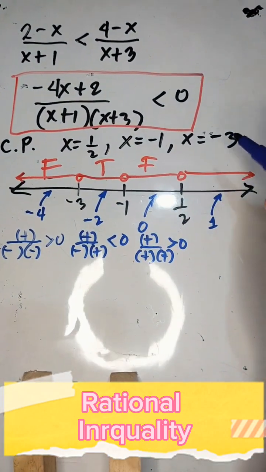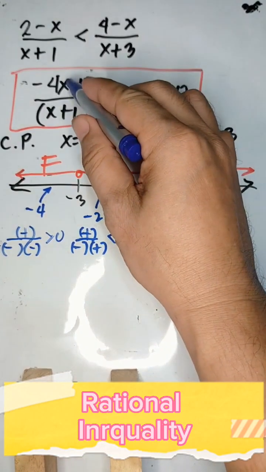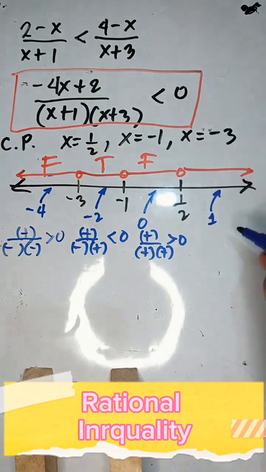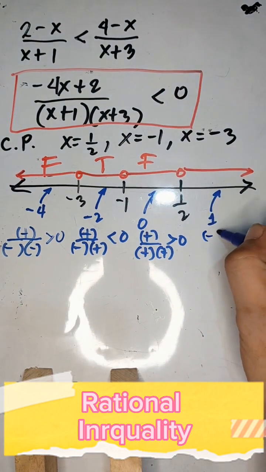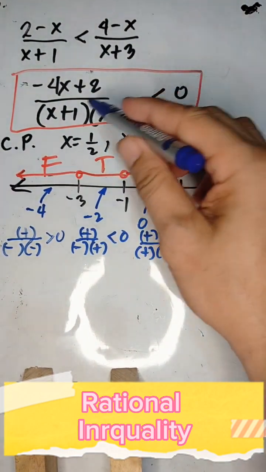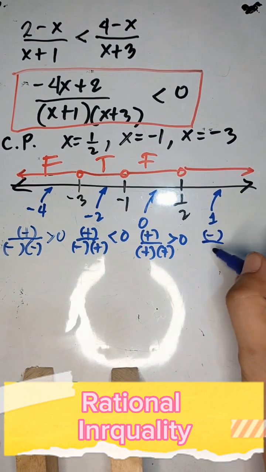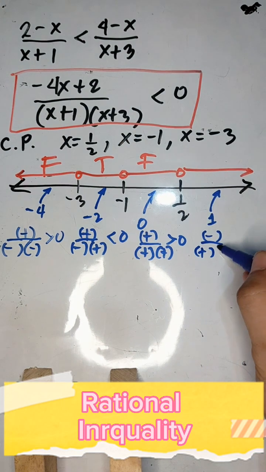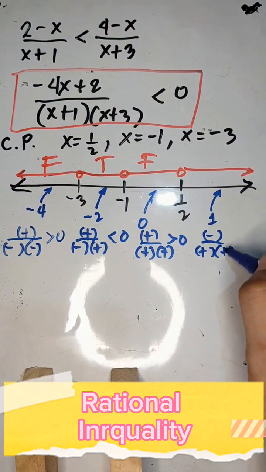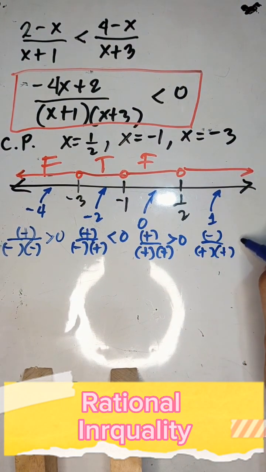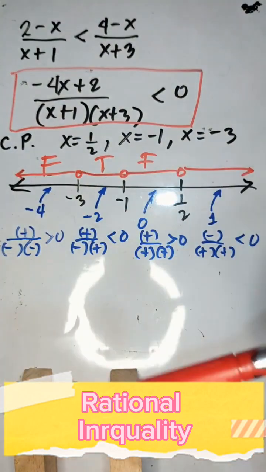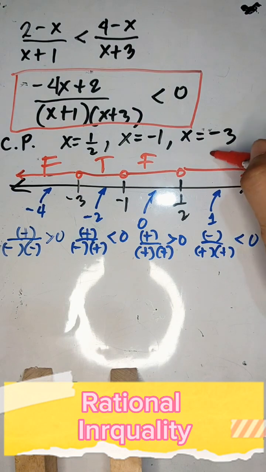Next, if x is 1, so 1 times negative 4 is negative 4, plus 2 is negative 2, so it's negative. 1 plus 1 is positive 2, and 1 plus 3 is positive, so the denominator is positive. Negative divided by positive is negative. So this one works. This is true.